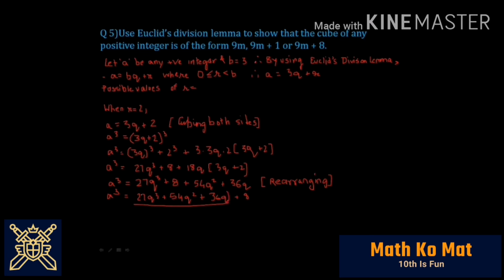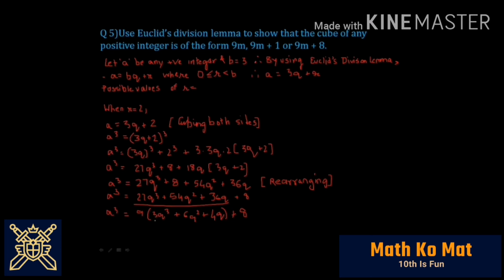Again, as you can see, 27, 54 and 36 are multiples of 9. We'll take out 9 as common from all these terms. So a cube will now be equal to 9 multiplied into 27 divided by 9 is 3, so 3q cube. 54 divided by 9 is 6, so 6q square.